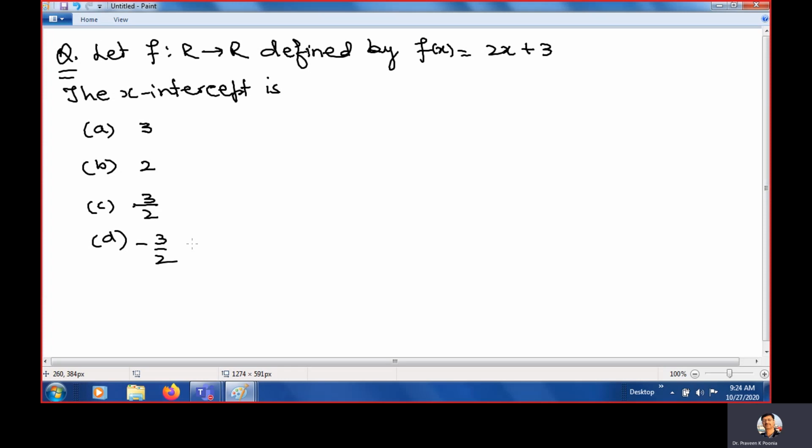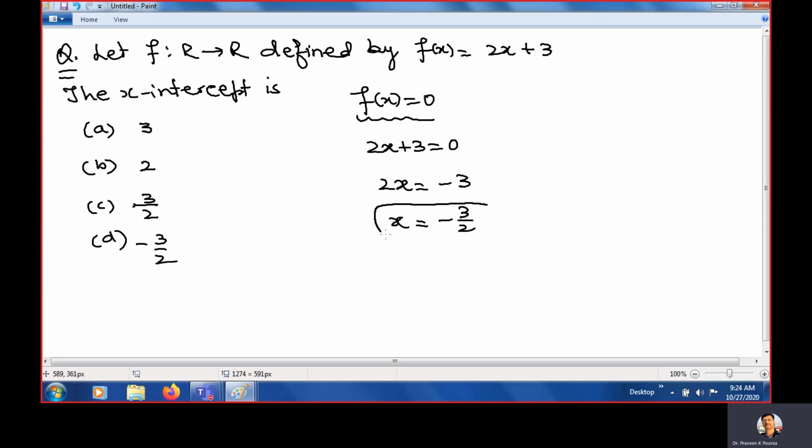Clear? So there are 4 options. So how do you calculate x-intercept? The solution is extremely simple. You find x-intercept by putting f(x) equal to 0. So 2x plus 3 is equal to 0. 2x is equal to minus 3, divided by 2, x is equal to minus 3 by 2. So x-intercept is minus 3 by 2. So D is the right answer.